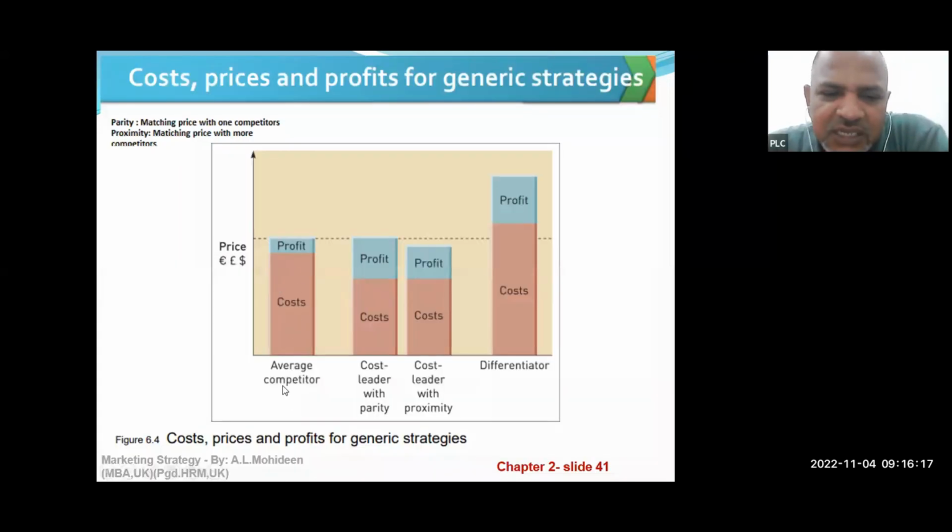When you look at the average competitors and the cost leader with parity, here the cost is high and profit is less, right? If you want to increase the profit, you are going to reduce the cost. In order to reduce the cost, you have to think always, how can you reduce the cost? So you are dealing with your suppliers. As Musa said, there are certain things we are going to deal with.